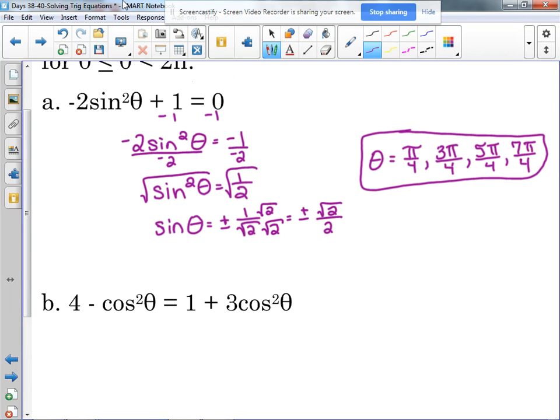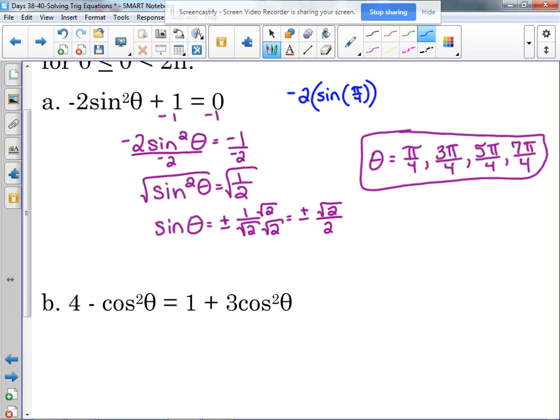Let's talk about checking it really quickly. Because to check this on your calculator, you're going to have to type this in just a little bit differently, because your calculator does not give you the option to put the squared where we put it in the equation.